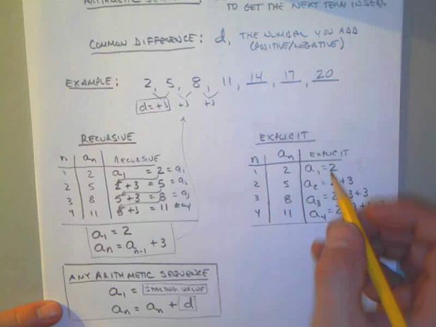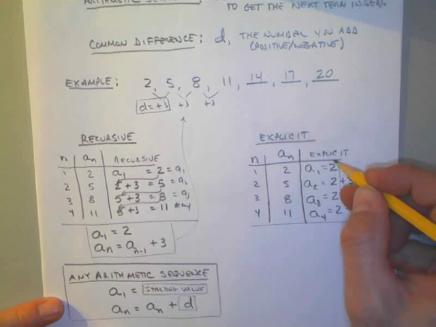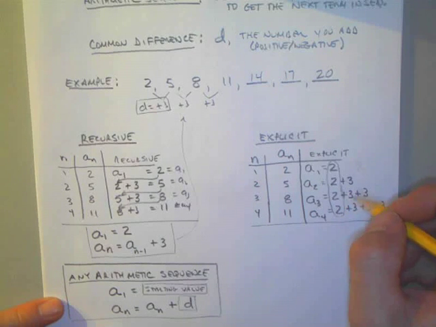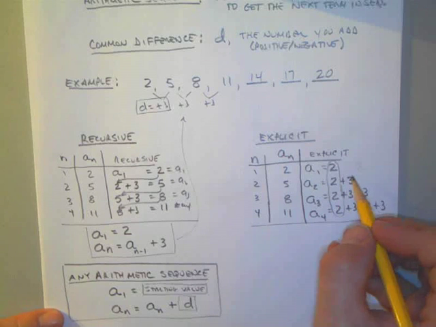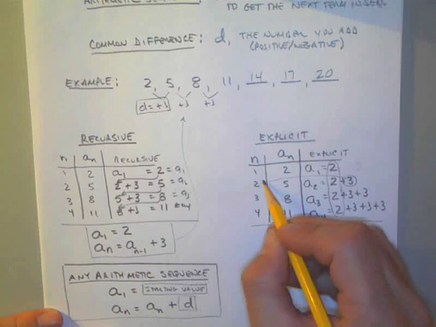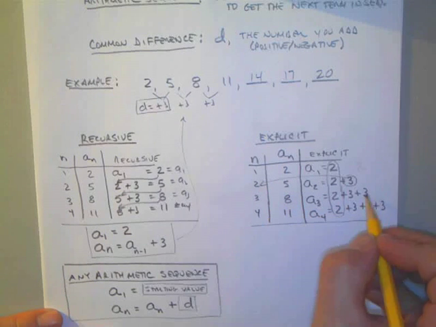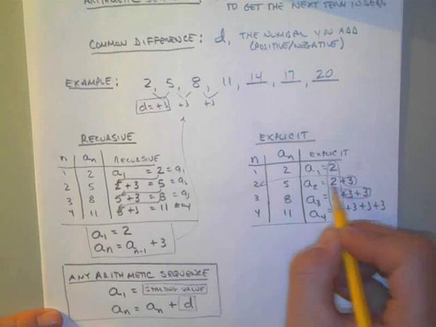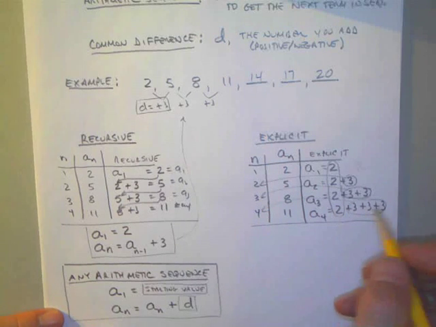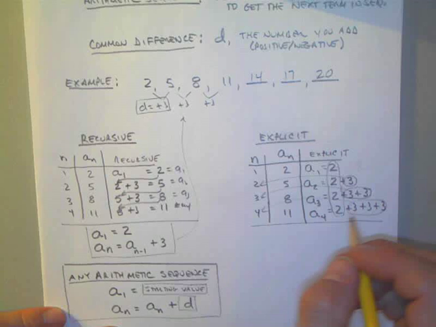So what we notice is that they all start with the number 2. And then it seems like this has 1 three, and how does that relate to that? This one has 2 threes, and it relates to that. This one has 3 threes, and it relates to that. Let's see if we can put this together.